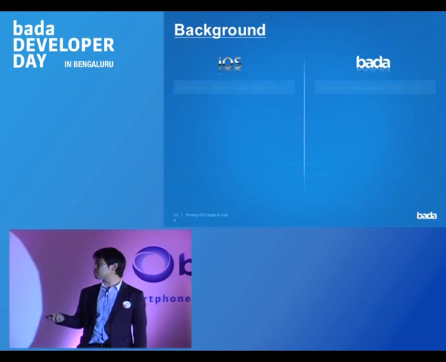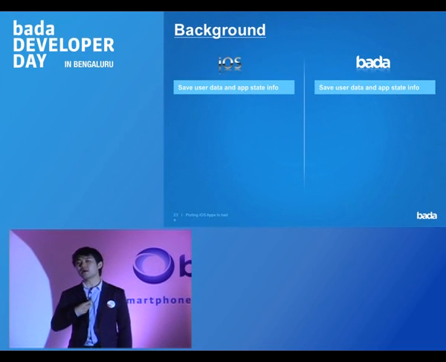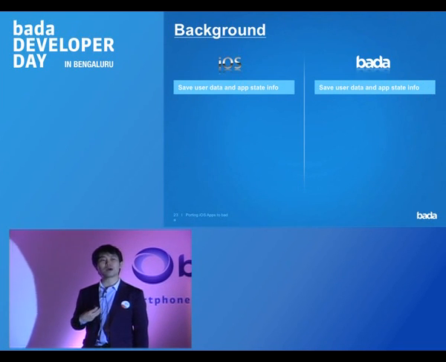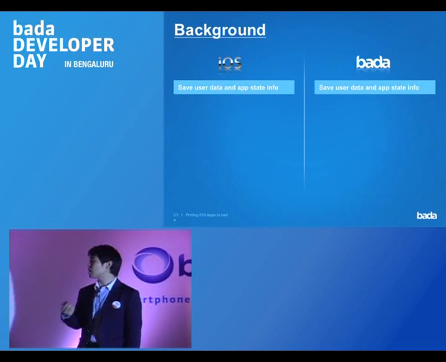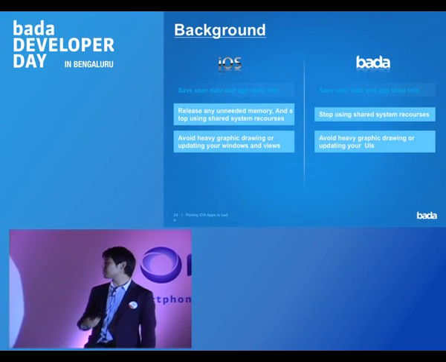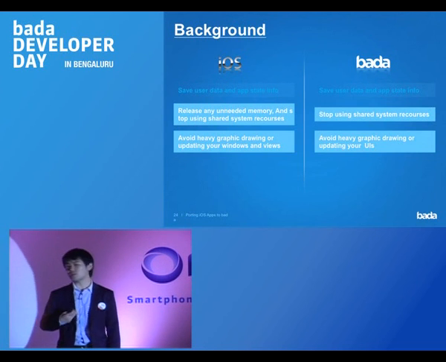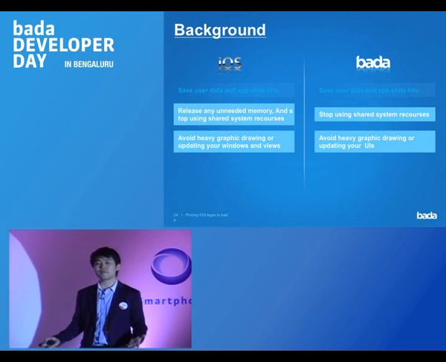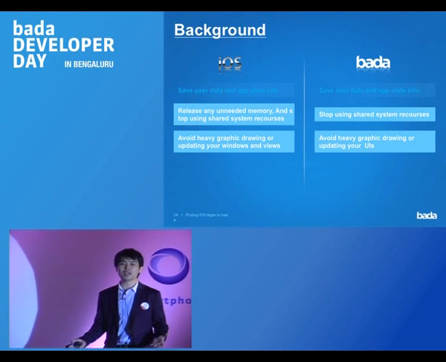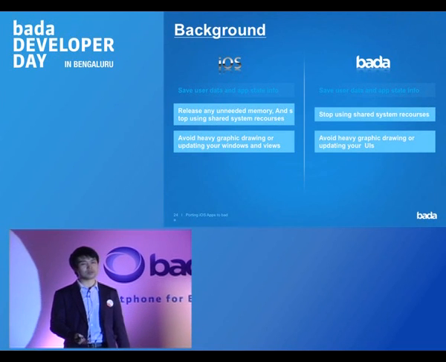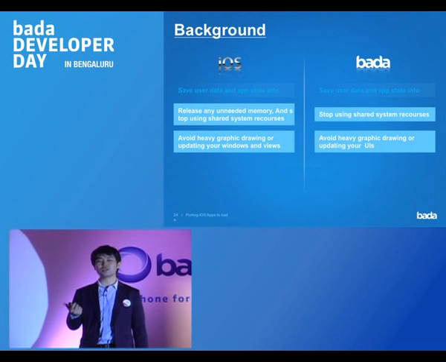In the background, a mobile platform always cares very much about memory and power, CPU power. So save user data and access info, and stop using shared system resources like the camera and other heavy graphics functionality. Those should be stopped, so you don't ruin the usability for users.